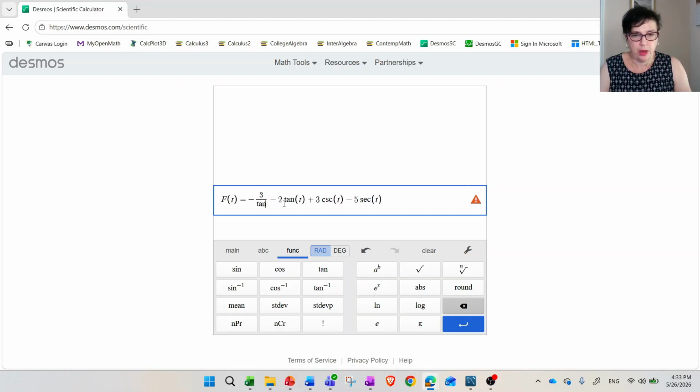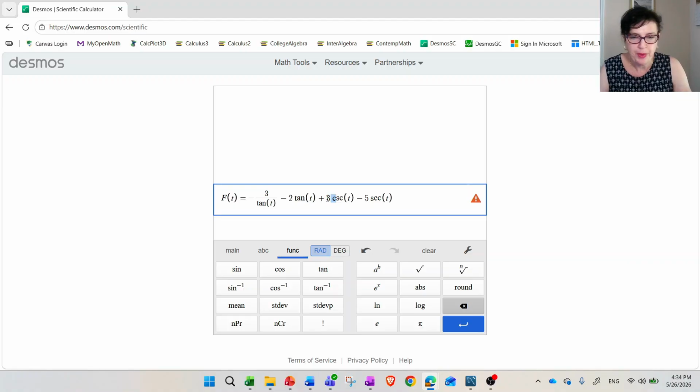Tangent is okay, but cosecant, no, that's 1 over sine. So remember this, the letters change. Cosecant is 1 over sine, so this is actually 3 divided by sine. And secant is 1 over cosine, so you have to divide by cosine. So now there's no triangle.